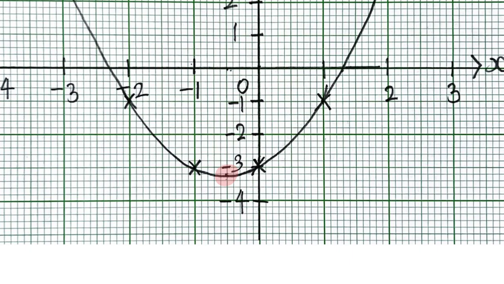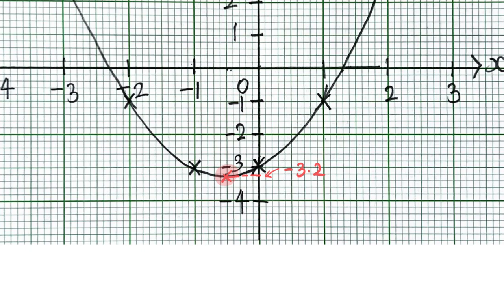So at this particular point, which I'm going to use red color, we could then actually see that this particular point is very close to negative 3.2, and that will be the y value.